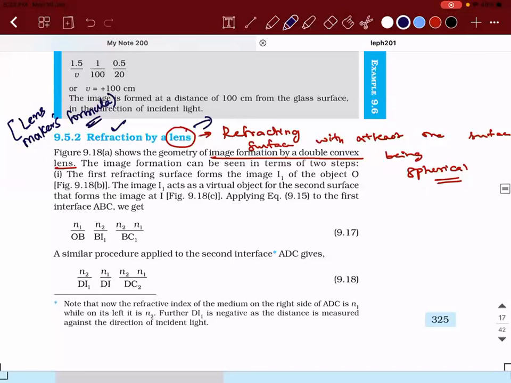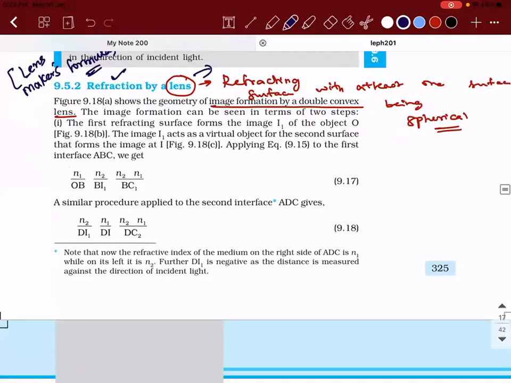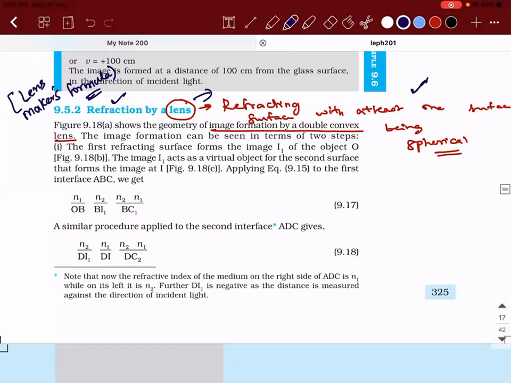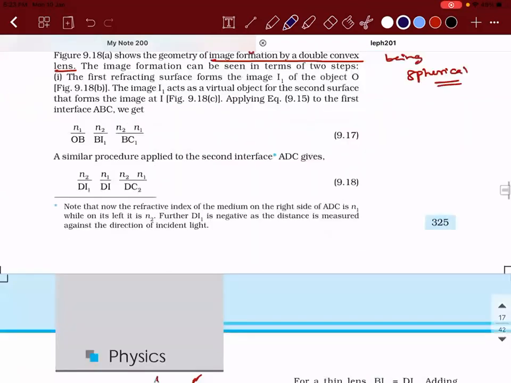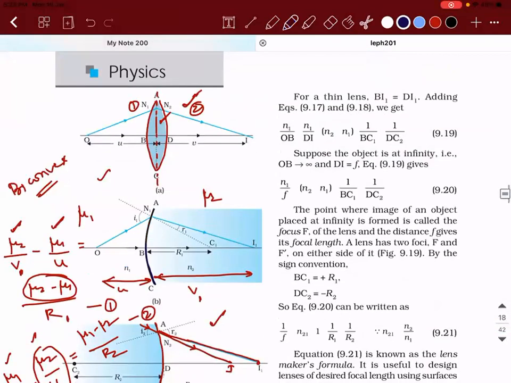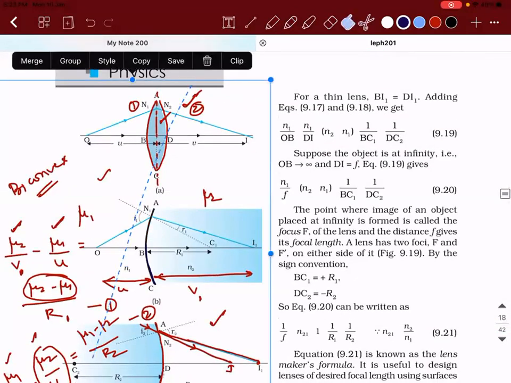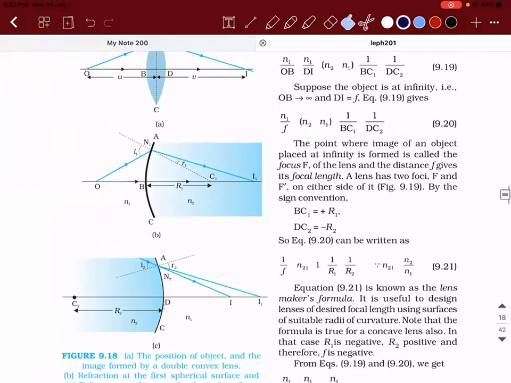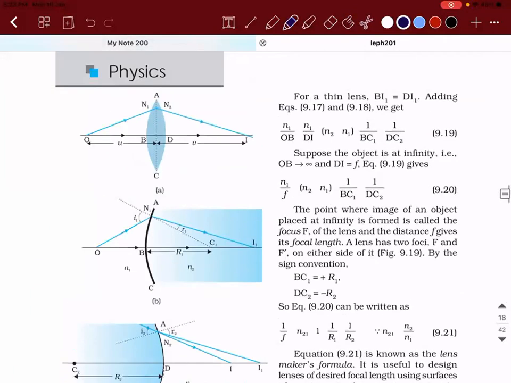Right. So here we will be discussing about lens. The lens is a device, a refracting surface with at least one of the surfaces being spherical in nature. Now, I'm going to explain this concept with the help of the diagram from your textbook. So what is the name of this lens that you have here?